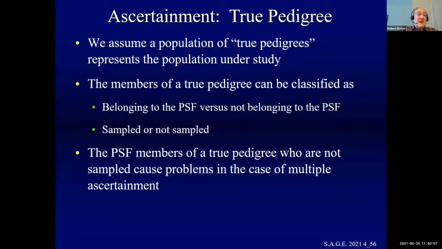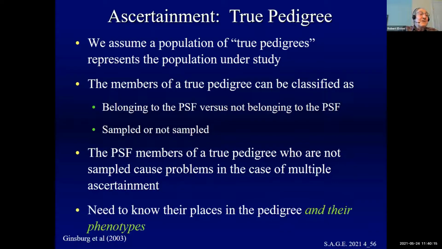In the case of multiple ascertainment, they are the problems because you don't know them. They're not sampled, so you know nothing about them. You need to know their places in the pedigree and their phenotypes, and if they're not sampled, then you don't know their phenotypes.